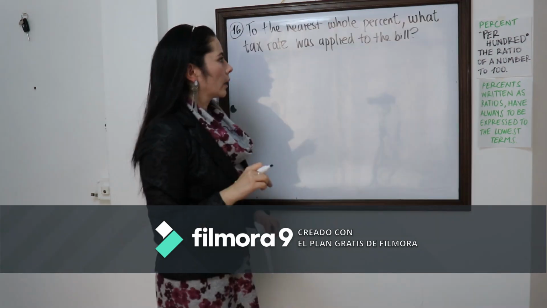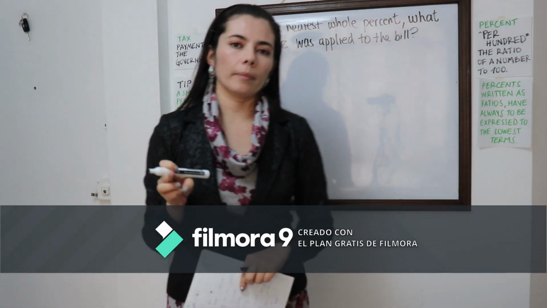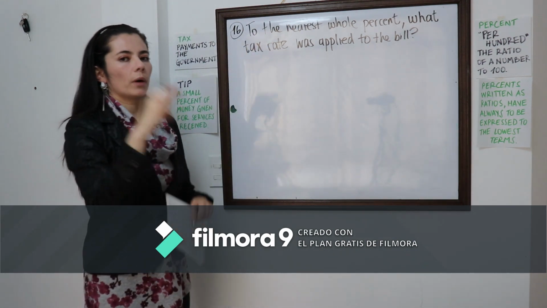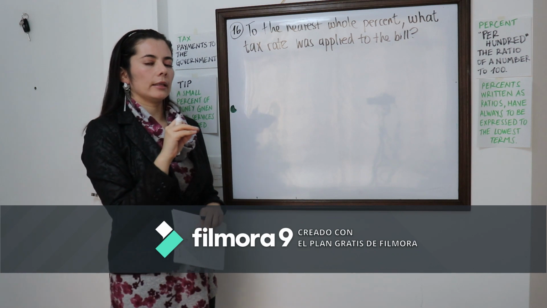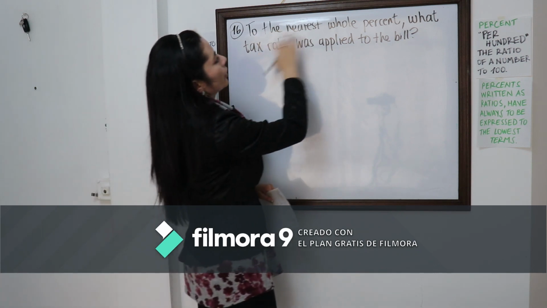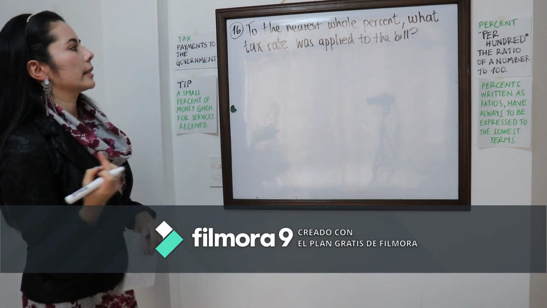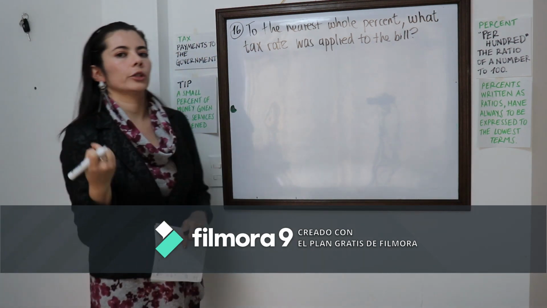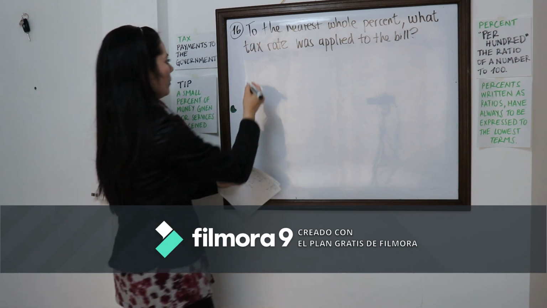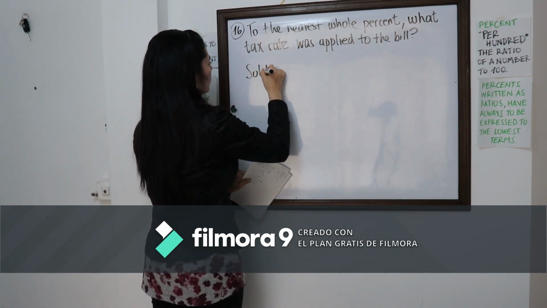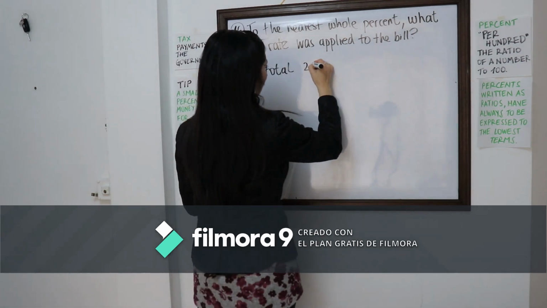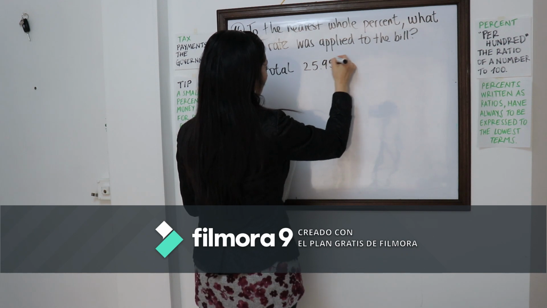That's it. And the last problem I want to talk about with you guys is exercise 16, which is part of the series of problems based on that bill right there in the textbook. And this one says that to the nearest whole percent, what is the tax rate applied to the bill? To do that is pretty simple, because you have to remember that the subtotal in the bill was actually $25.95.